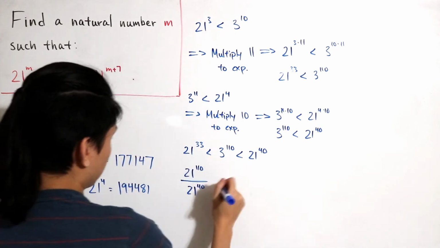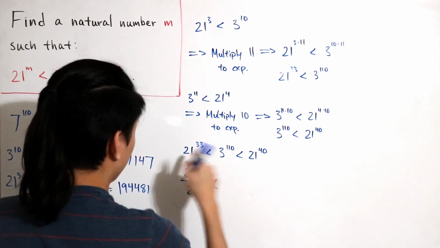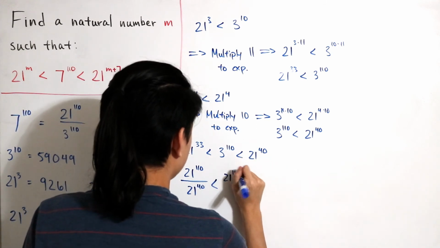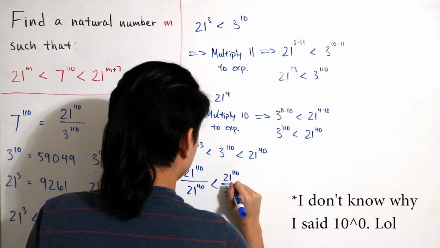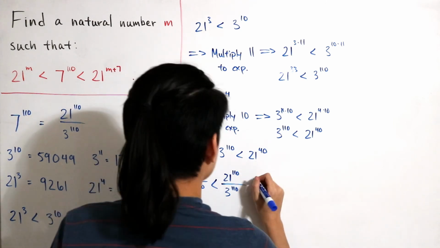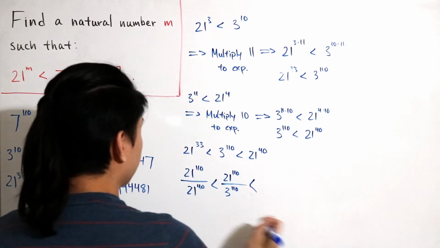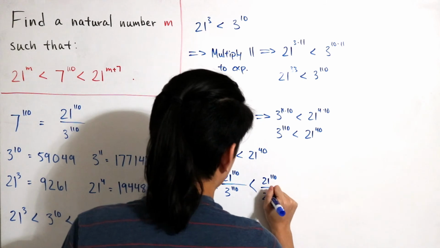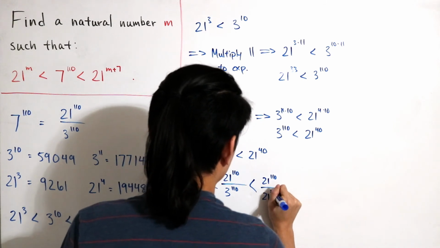Then of course we switch the sign because we have a larger number. So we have 21 to the 110 divided by 3 to the power 110, and then strictly less than 21 to the power 110 divided by 21 to the power 33.